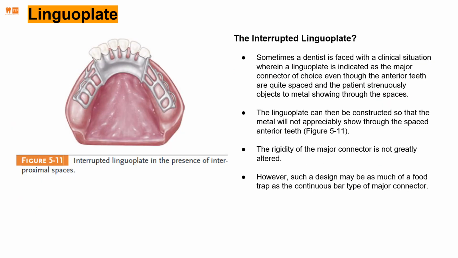So this is what it looks like when it is in the form of an interrupted lingual plate. An interrupted lingual plate is used when there are interproximal spaces. For example, as shown here.